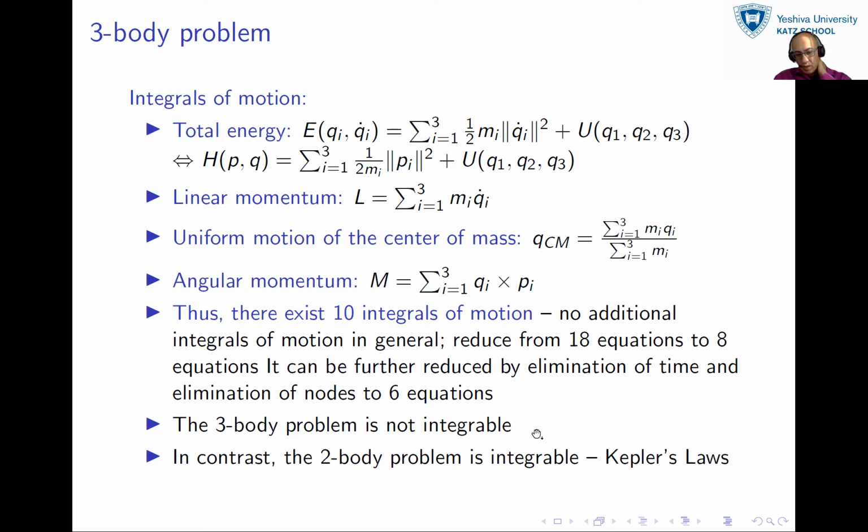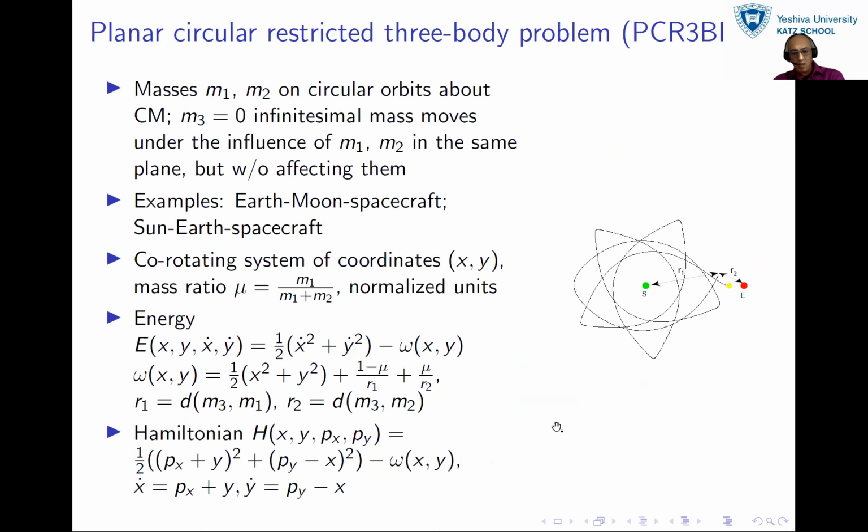I'm going to spend most of the time on the three-body problem. You cannot really find nice solutions for the three-body problem. This is what it says over here. And what I'm going to use is not just the three-body problem, but a simplified model of it, which is called the restricted three-body problem.